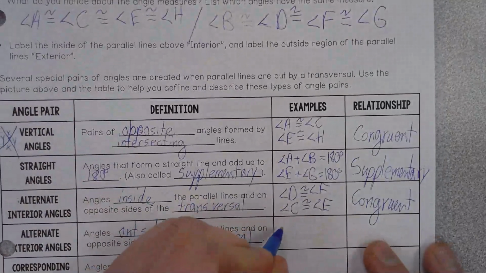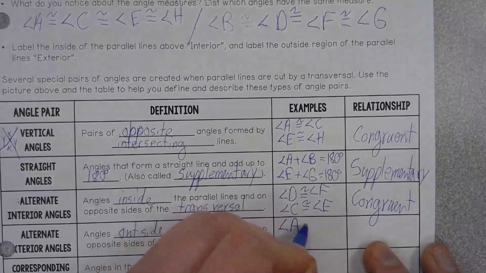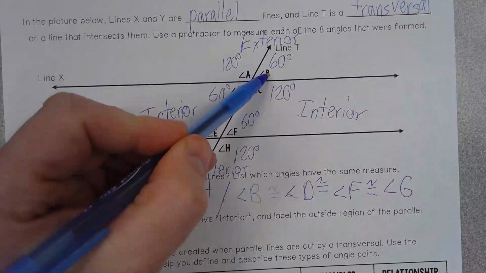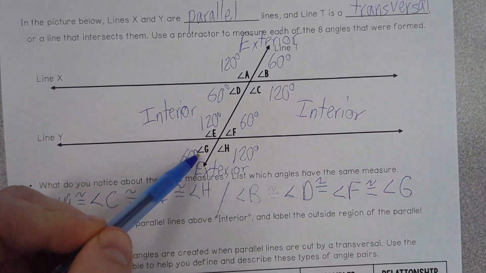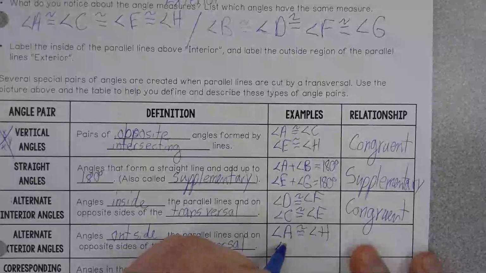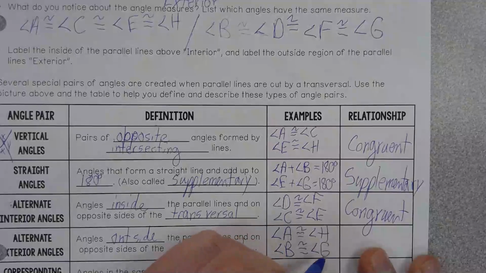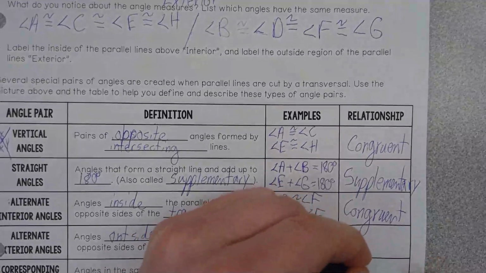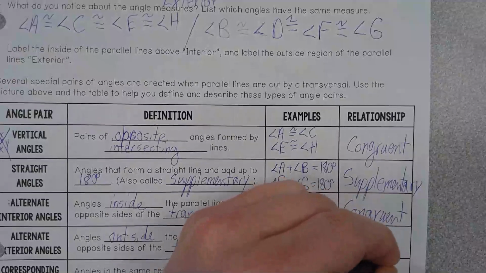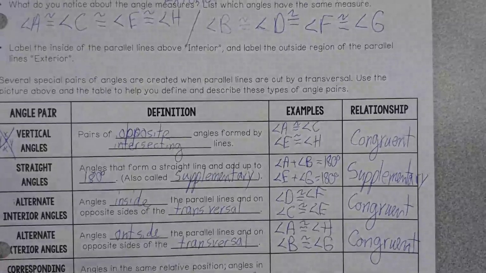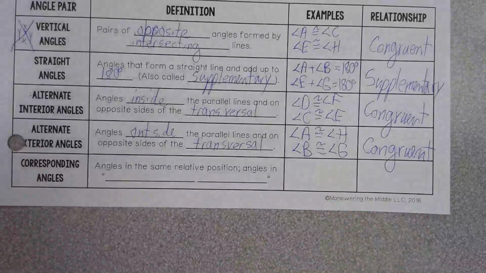We can say that angle A is congruent to angle H. We also have one more set. We can say angle B is congruent to angle G because they are alternate exterior angles. So make sure that you pause and really understand why we are calling those alternate exterior angles, and how I know that they are. How can I identify them on my own?